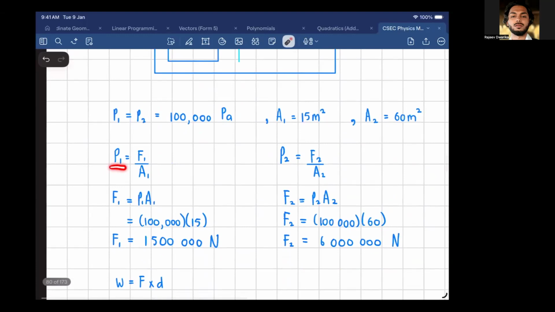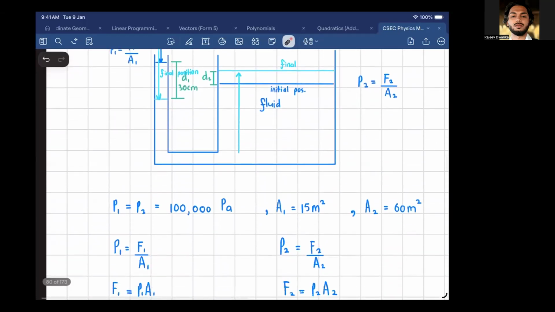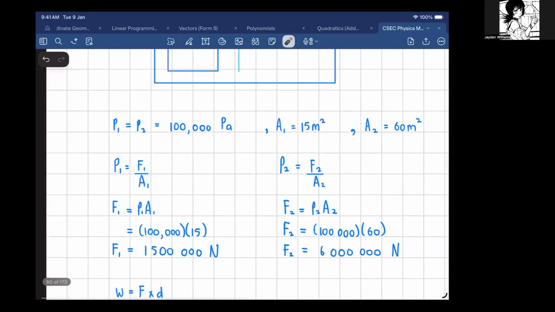We know that P1 is equal to F1 over A1, where F1 is the input force and A1 is the area of that piston. If I make F1 the subject, I multiply both sides by A1, so F1 is equal to P1 times A1.